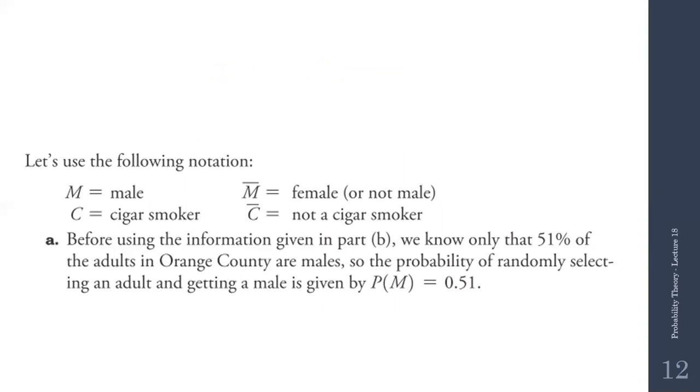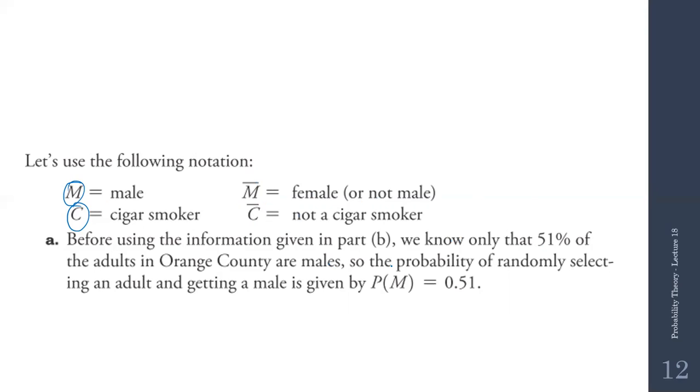Let's denote M as a male, C as a cigarette smoker, M bar as female or not a male, C bar as not a cigarette smoker. Before using the information given in part B, we know only 51% of the adults in Orange County are males.